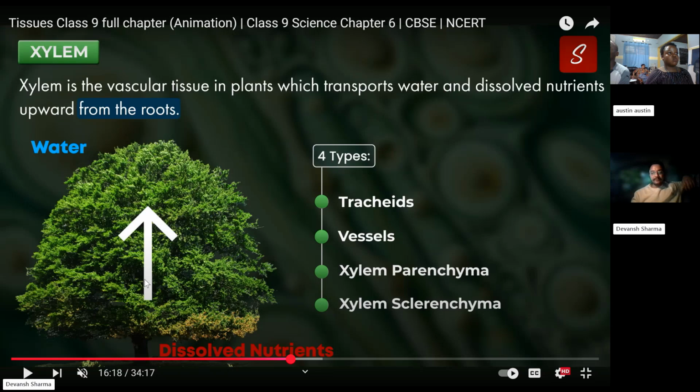Can you see the arrow? The arrow is showing upward, so the movement of xylem is upward. And can you see these four parts: tracheids, vessels, xylem parenchyma, xylem sclerenchyma? These are the four parts of the xylem.